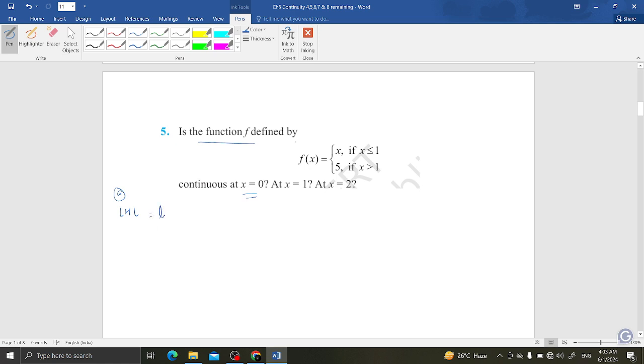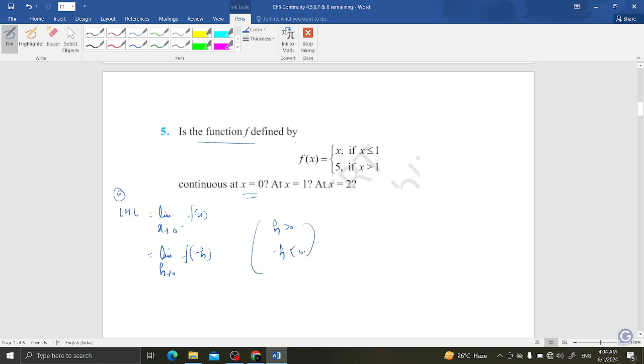LHL: limit x tends to 0 negative, f of x. We have limit h tends to 0, f of 0 minus h, that is minus h, as h is a very small positive quantity, so with respect to 0, minus h is less than 0.